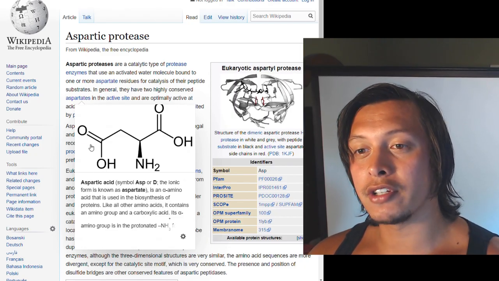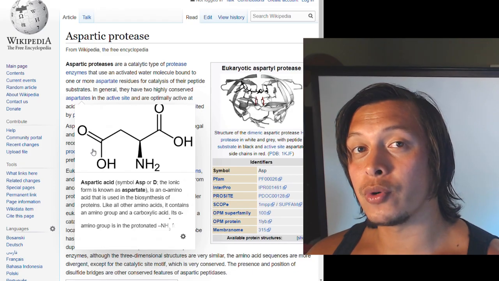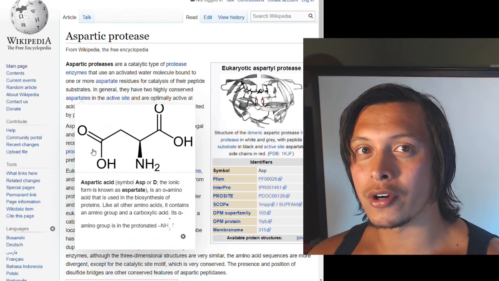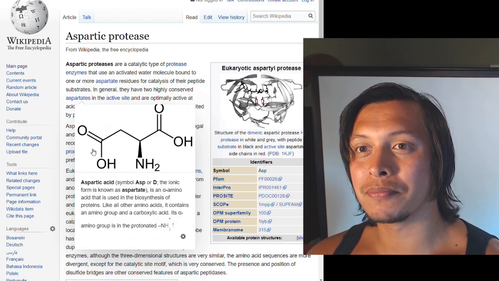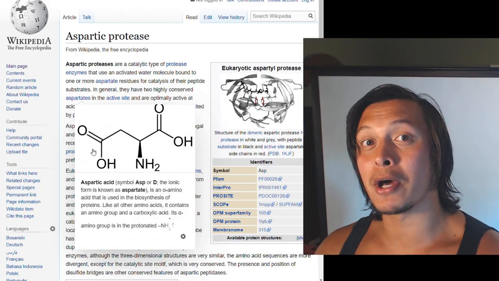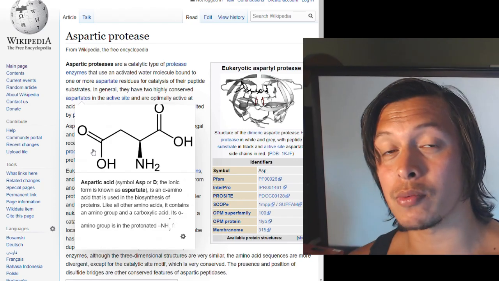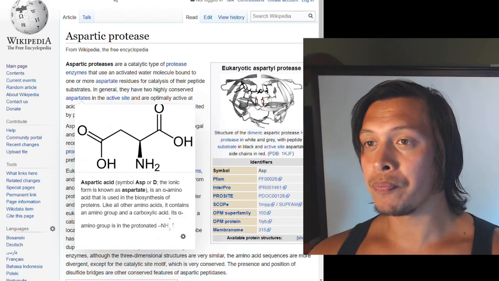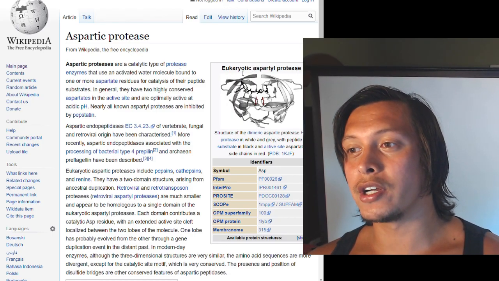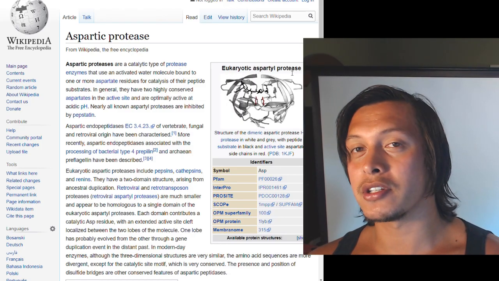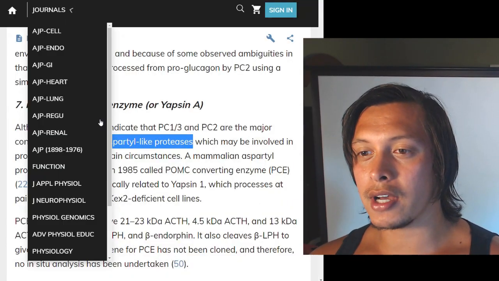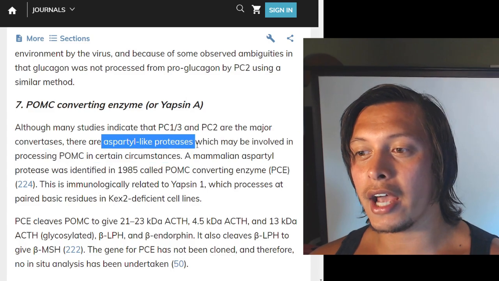And this negatively charged group is able to interact with waters, which can activate the waters to become better nucleophiles themselves when they're activated by this. So this is an aspartic protease or the eukaryotic aspartyl protease in this particular image, but there are aspartyl-like proteases.